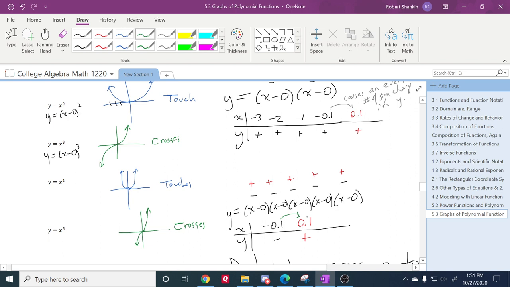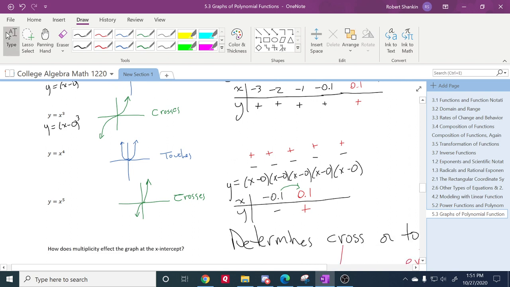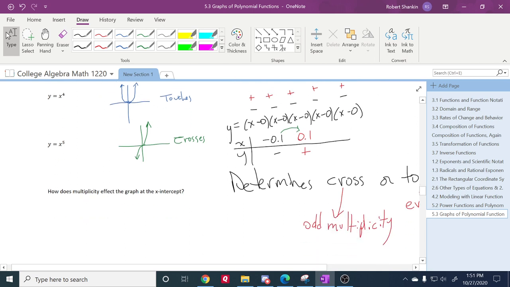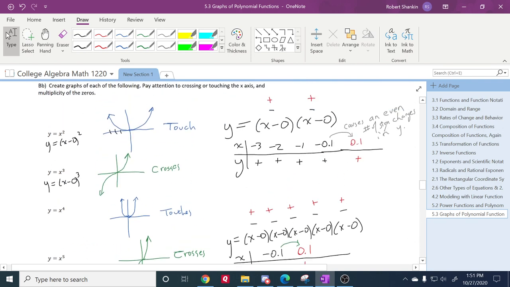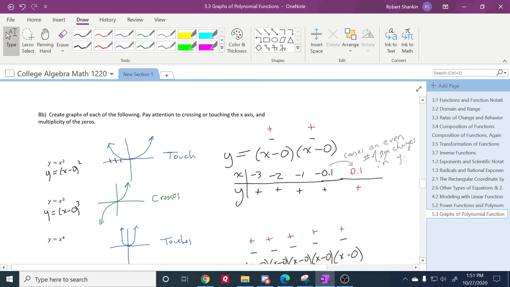Yeah, we have an odd number of sign changes, and that causes this to actually change sign instead of stay the same sign. Okay. All right. That has to do with odd and even and multiplicity, how it affects the multiplicity.